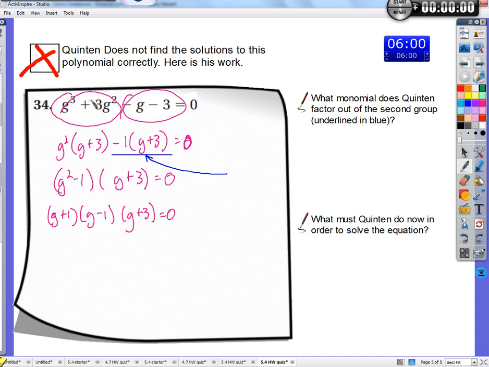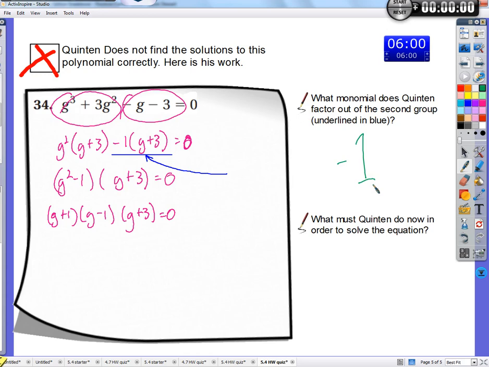When you factor out the g squared from these terms, you get a g plus 3. And over here you want in the parentheses to get a g plus 3. But since you have a negative g minus 3, you need to factor out a negative, so that if we distribute the negative, we get the negative g minus 3 again. So the two parentheses are identical.